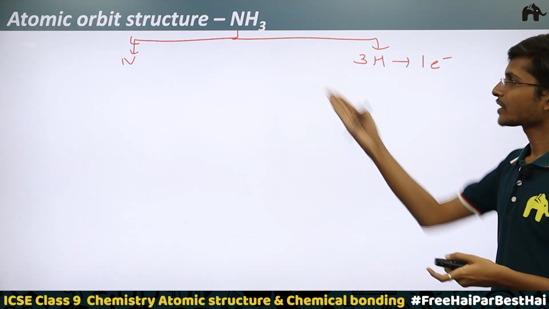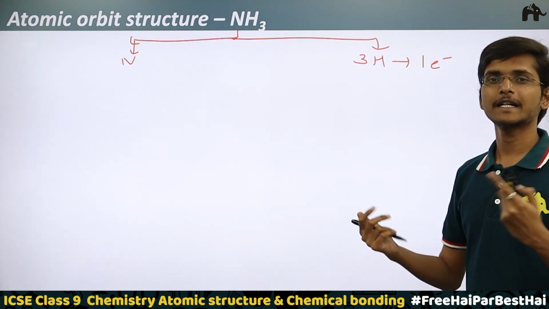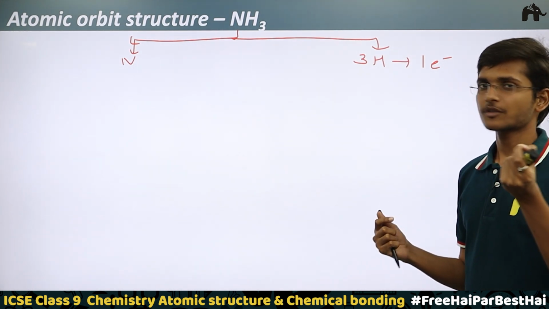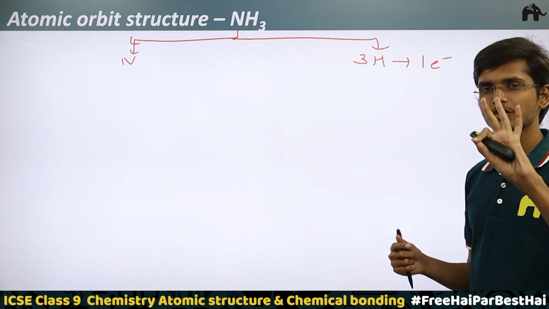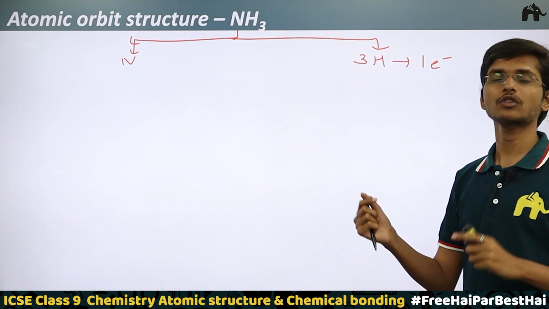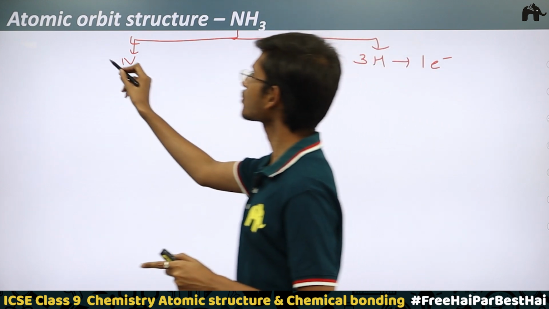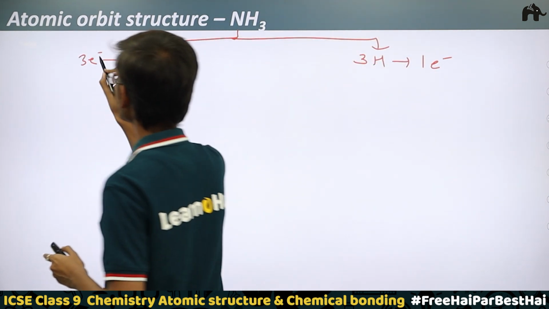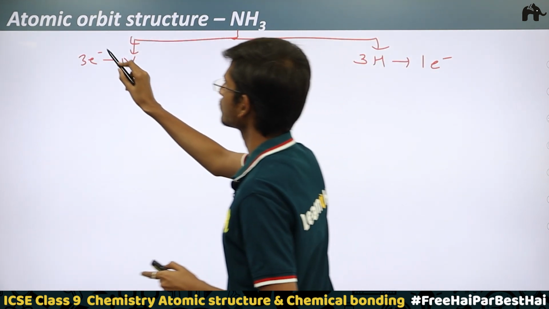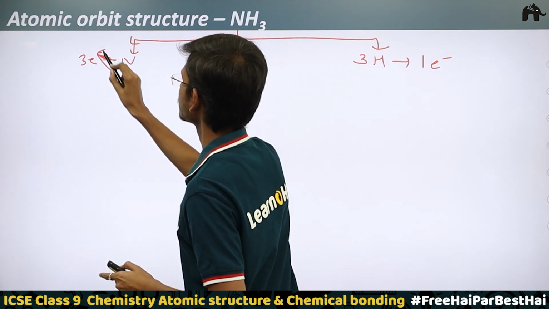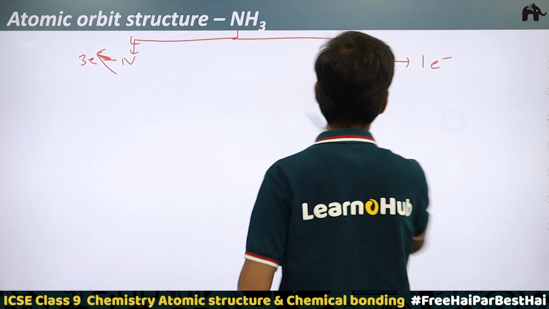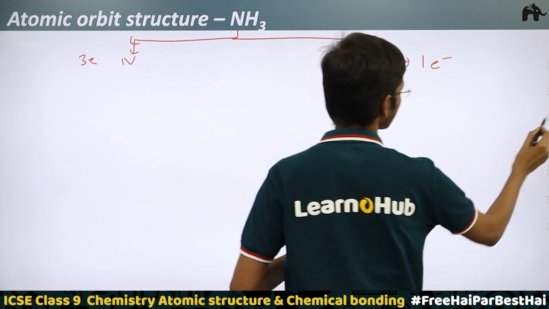Now the nitrogen atom. You have also seen, when we were studying the formation of the N2 molecule, that the nitrogen atom is short of 3 electrons from its nearest noble gas configuration, neon. So it is short of 3 electrons. Here, let me show the arrow correctly.